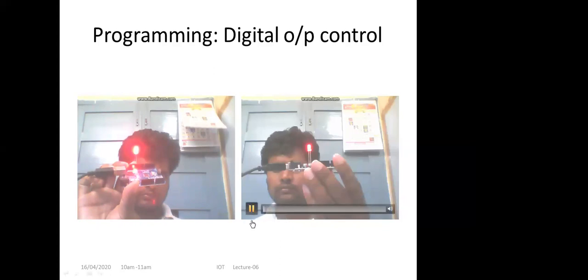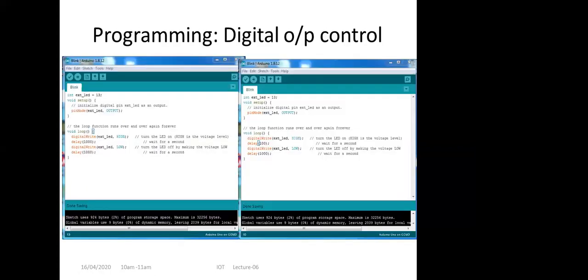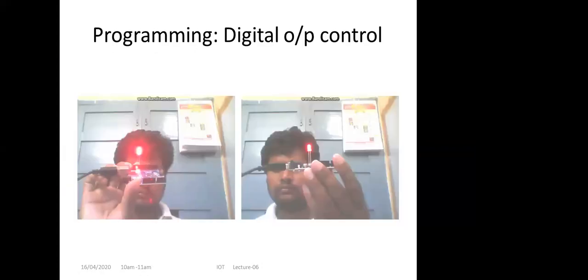But here it will be a very short duration on, and a longer duration off. This is the difference between these two programs. You can program it in whatever way you want. Now we'll see with multiple LEDs.